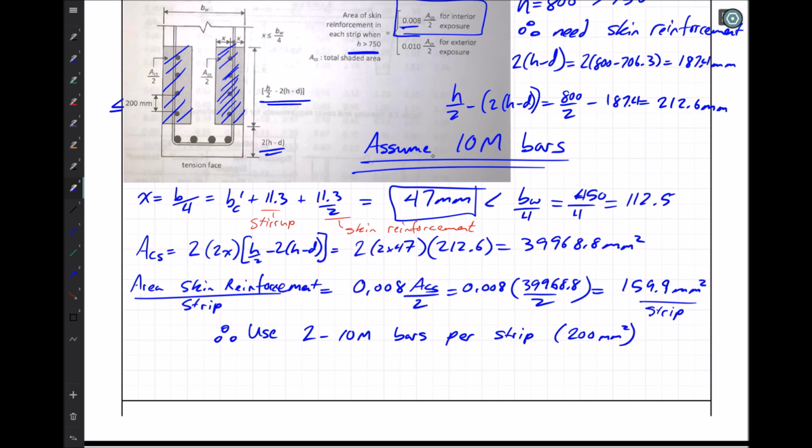And since we've only got 2 bars and we're trying to fit them in 212.6 millimeters here, and we can't use more than 200, let's just use the maximum spacing to fit them. So here we will use S is equal to S max for this part, of 200 millimeters. Let's say that we had 3 bars.